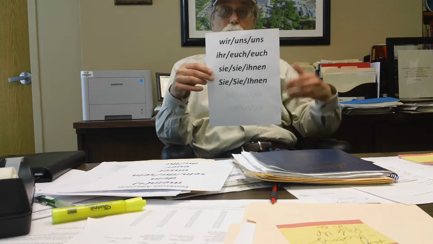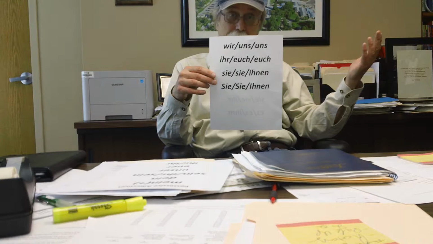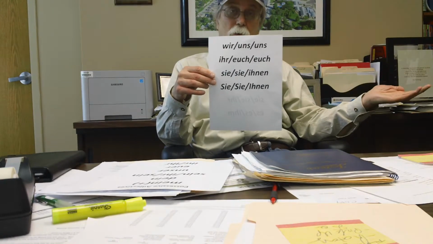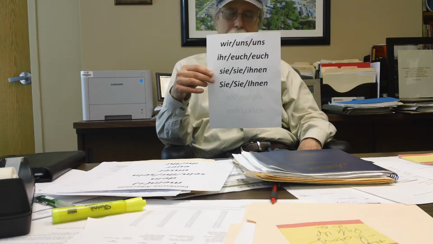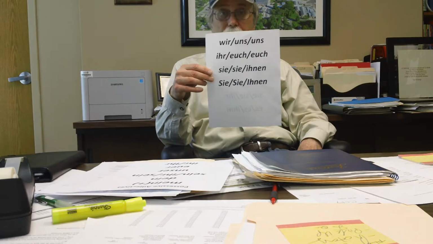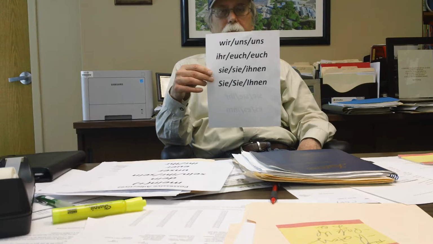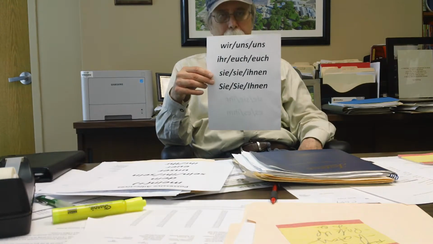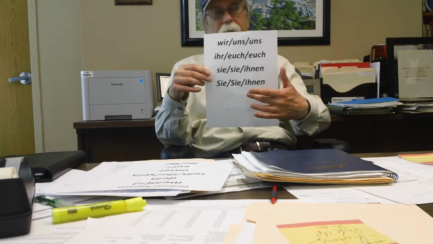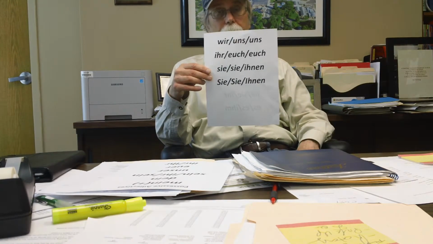Second person plural, you, they all translate as you, are ihr, euch, and euch. Nominative, accusative, and dative. And then sie, they, sie, them, and ihnen, them. Ihnen is dative, sie is accusative.